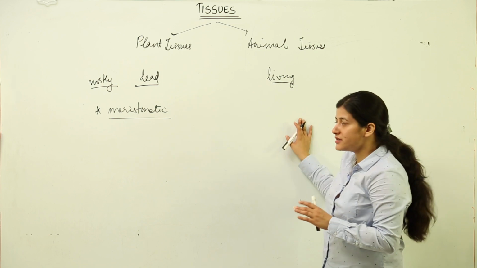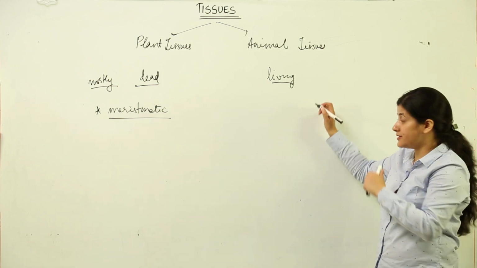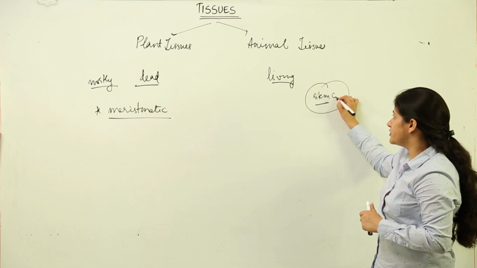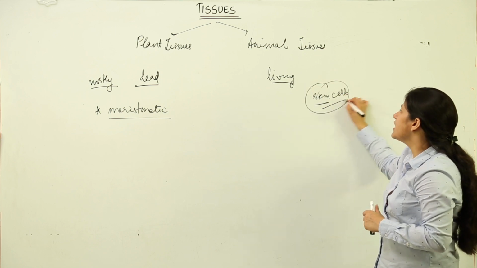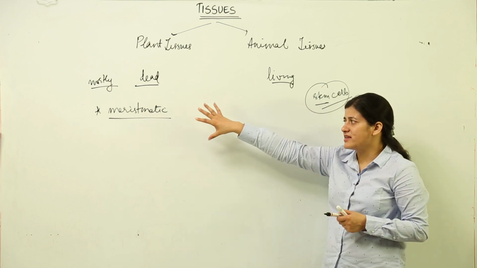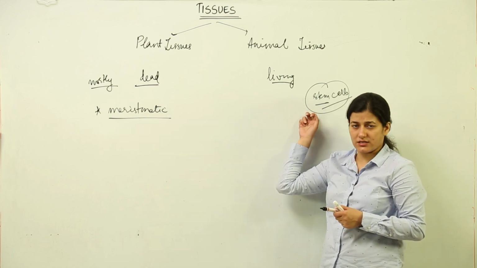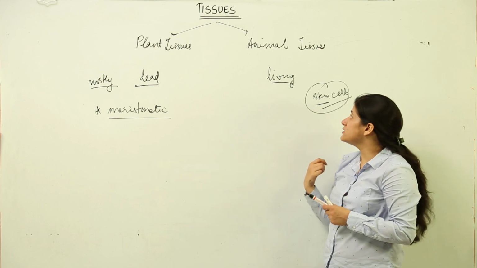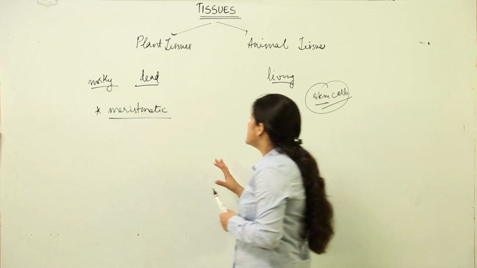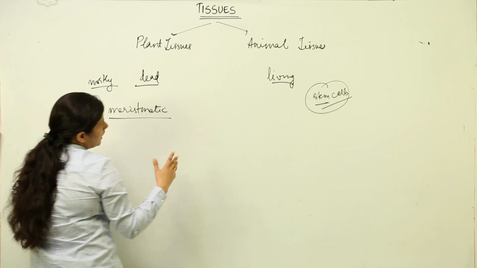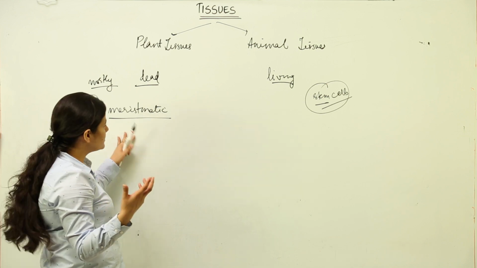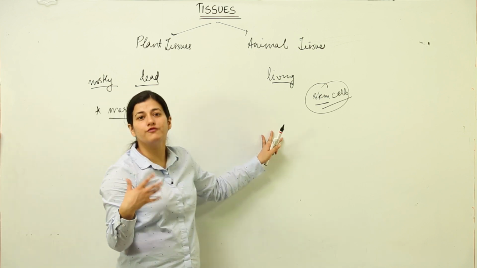In the case of animal cells, such meristematic cells are present in the stem cells in the embryonic stages, but later on they are replaced and we do not have as much meristematic tissue as in the case of stem cells. And the last thing is that plant tissues are of two types, that is permanent and meristematic, while the animal tissues are of four types.